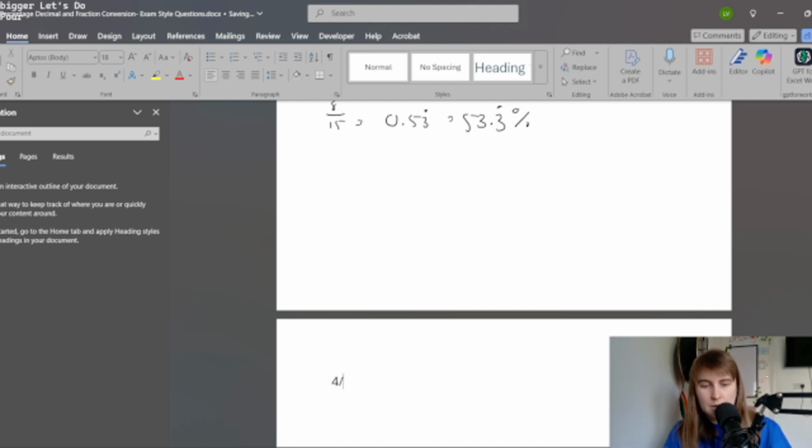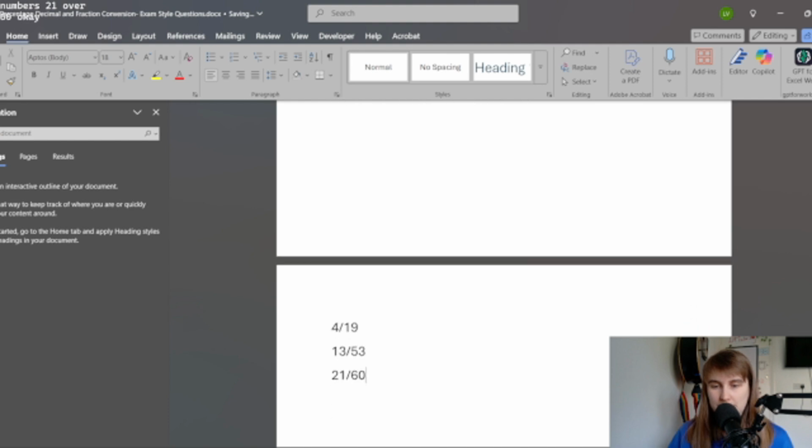Let's do 4 out of 19, 13 divided over 53. Some really awkward numbers. Sorry. We'll just do 3 of them because I've picked some awful numbers. 21 over 60. Okay. I'm just going to give you a few moments to try and convert those, and then I'll look at the answers with you in a moment.